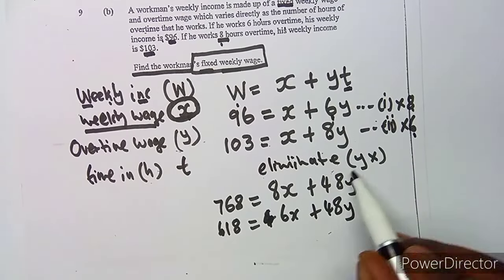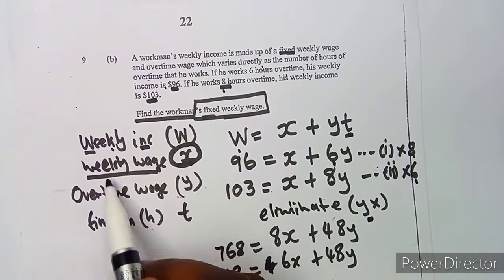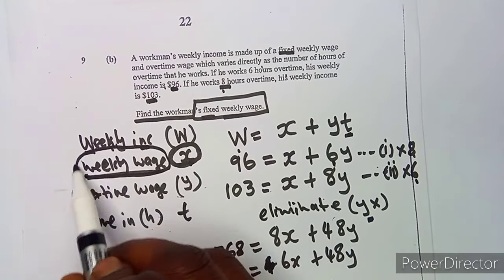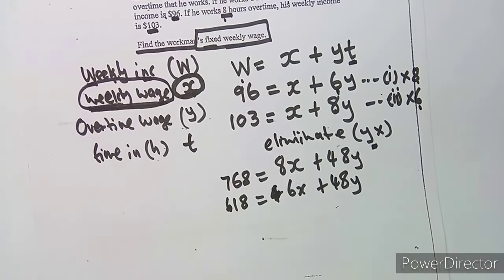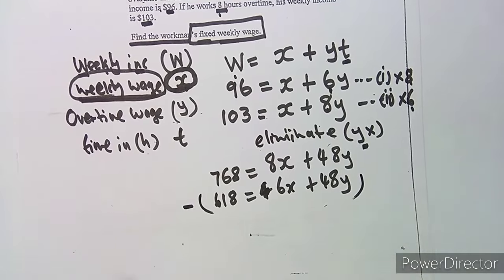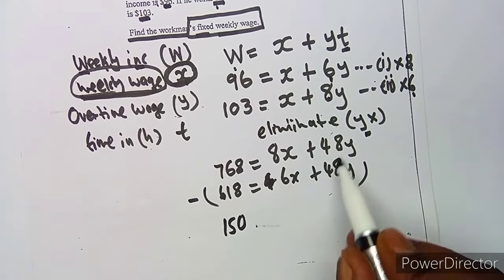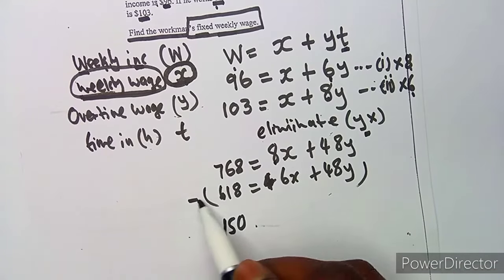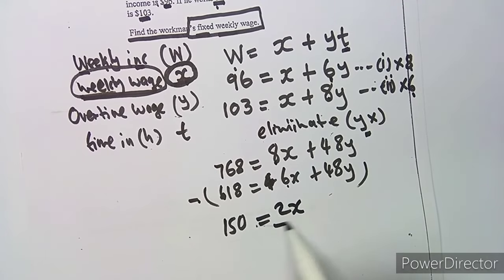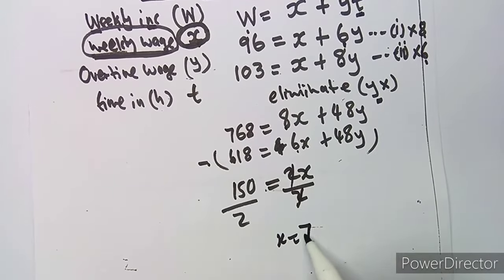Since we want to eliminate Y, the moment we remove Y we are left with X, which represents the fixed weekly wage. So we subtract, which gives us 150 on the left, eliminating Y. It's 8 minus 6, which is 2X. So divide by 2, and X is going to be 75.